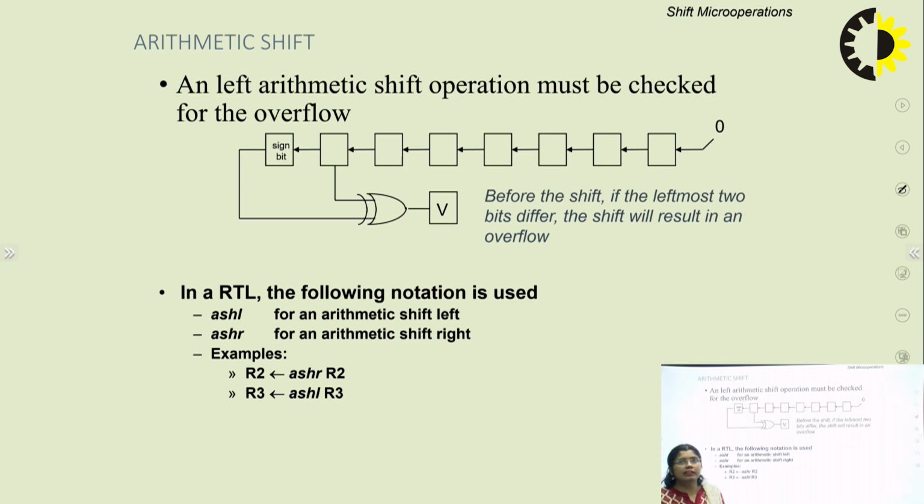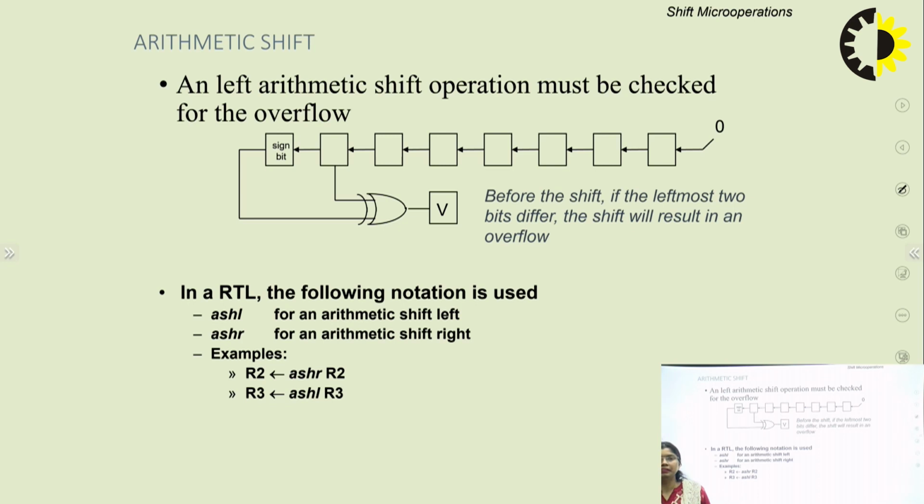Suppose R1 is a 4-bit register and we insert or shift a value so that the result becomes 5 bits. So there is an overflow. Overflow means the content you are going to store is larger than the size of the register, with some extra bits.